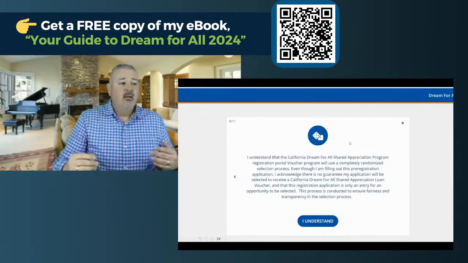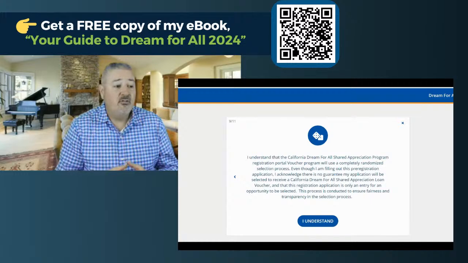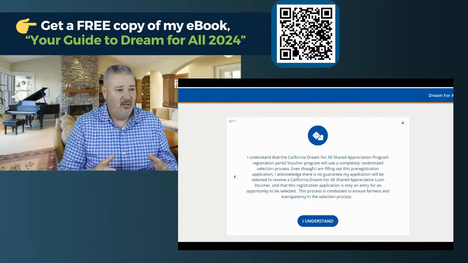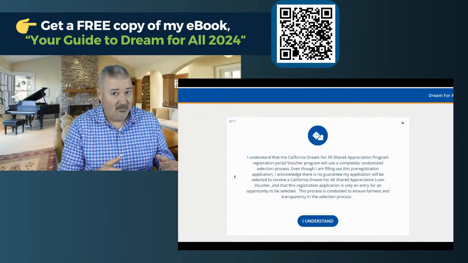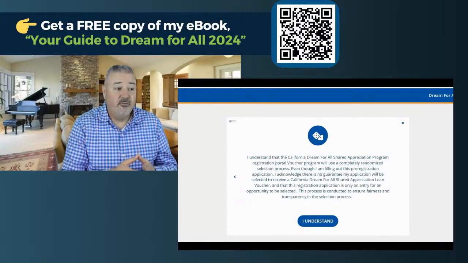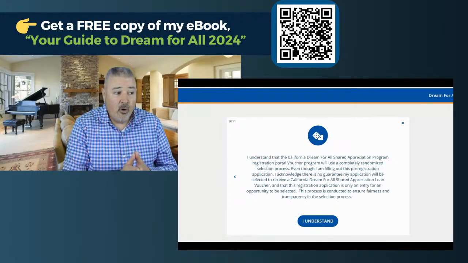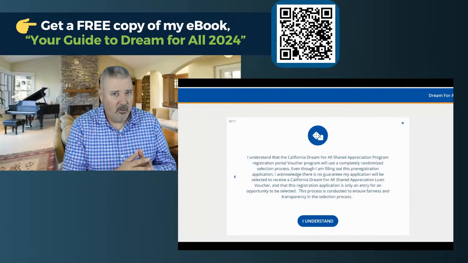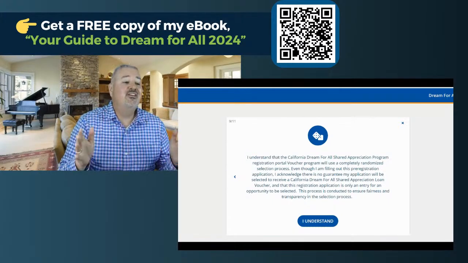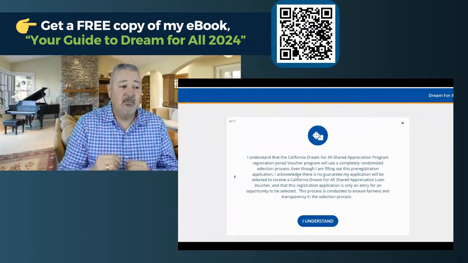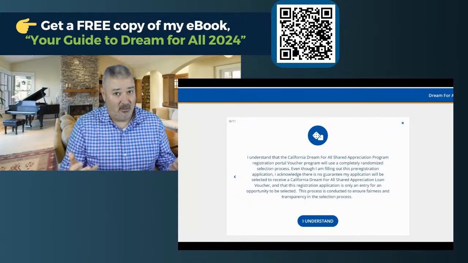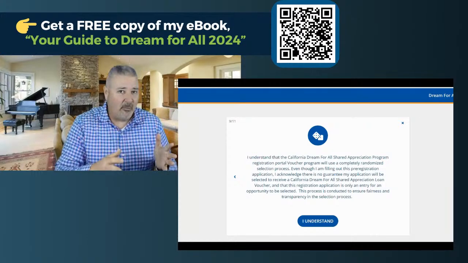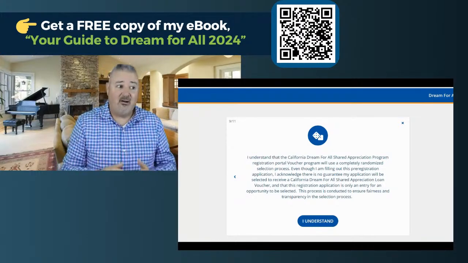All right. The next certification: I understand that the California Dream for All Shared Appreciation Program registration portal voucher program, they use program twice, will use a completely randomized selection process, otherwise known as a lottery, but they can't call it a lottery because the state of California has a lottery and the Lottery Commission got mad at CalHFA for calling it a lottery.